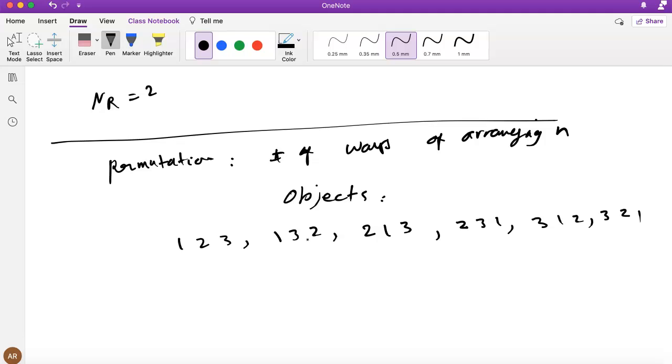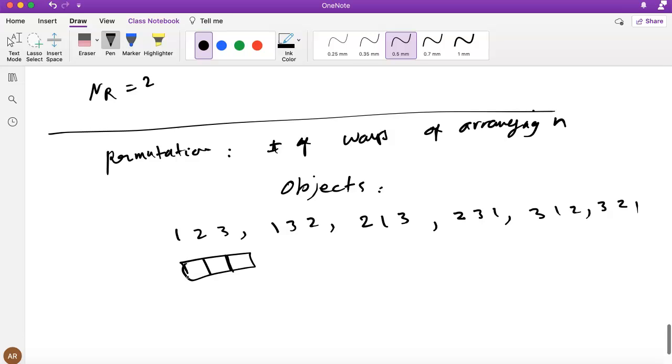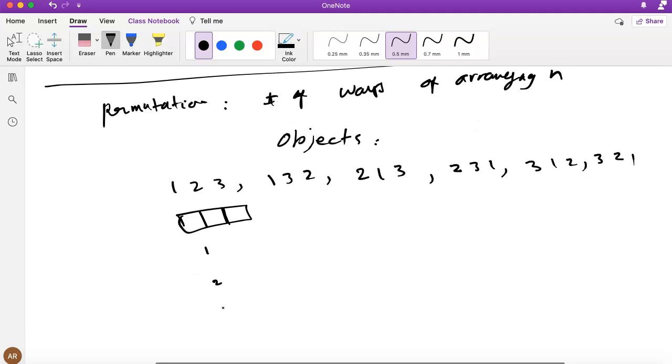One way to count this is to imagine 3 placeholders, 3 boxes. For the first one, how many choices do I have? It can be 1, 2, or 3, so I have 3 choices. Then for the second one, for each of these choices, I have 2 choices, because if the first is 1, then 1 is gone, and 2 and 3 are left.